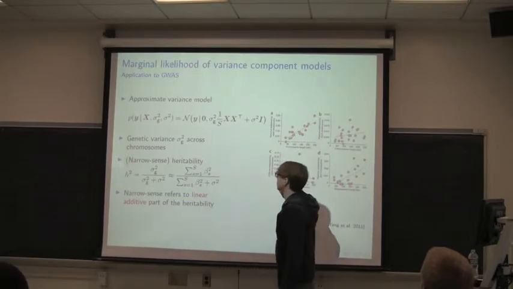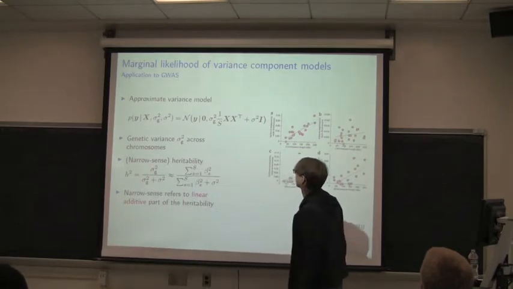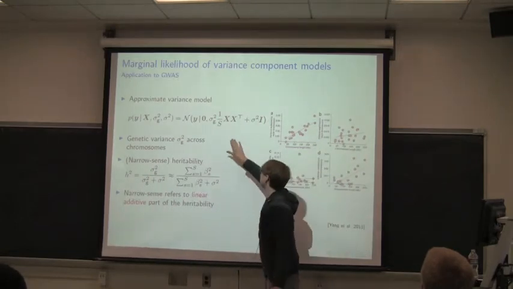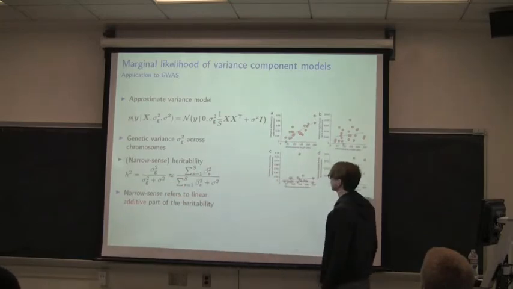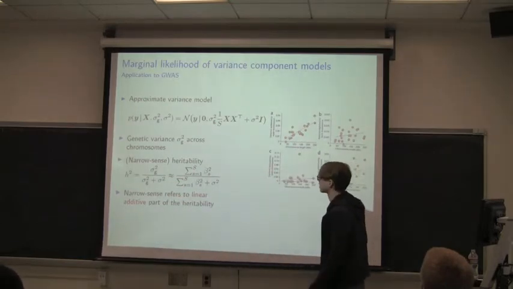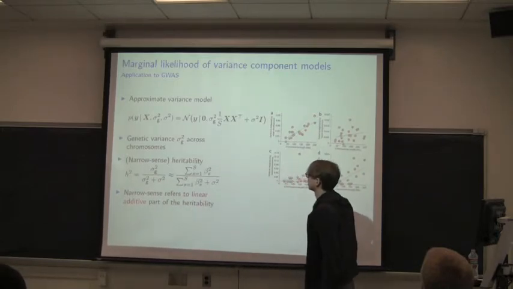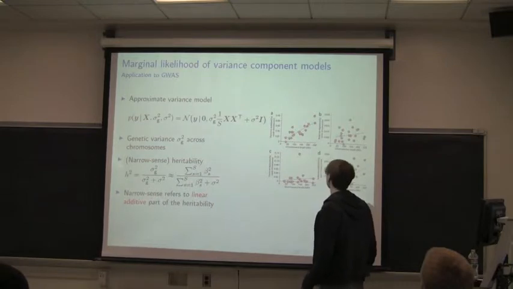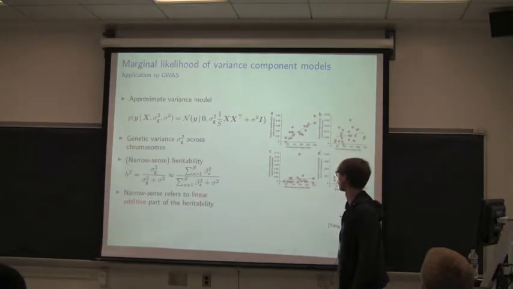If you plug in different SNPs, we get different h-squared values. Whatever we don't include in this matrix, we have to pull into the other term. So we can, for example, plug in individual chromosomes, and then everything that is not on that chromosome would have to be explained by this other sigma squared. So we can estimate heritability genome-wide, heritability across chromosomes, and so on and so forth.